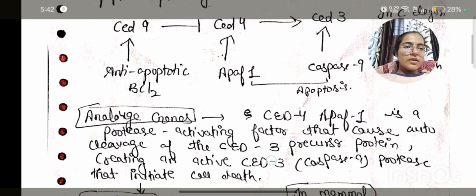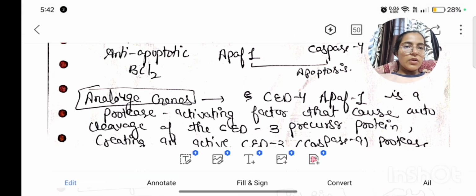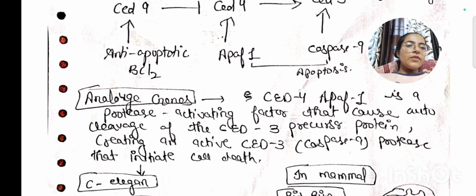We can conclude from here that the analogous gene CED4, APAF1, is a protease activating factor which leads to the breakdown of CED3, resulting in the activation of CED3, caspase 9, which will initiate cell death.